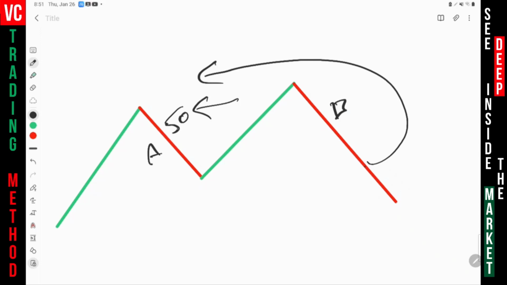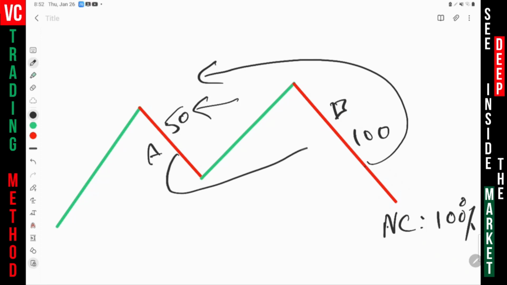If this is 50, then this must be almost 100, because it's almost 2x of this. So the results will be here. The non-continuous result, we can say, is 100%, because from 50 to 100, it's 100%.